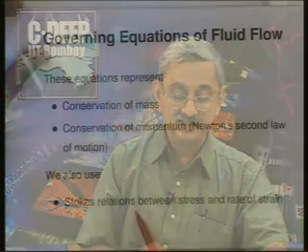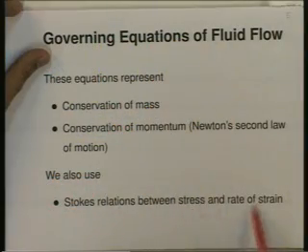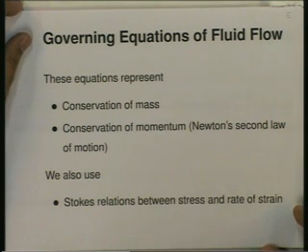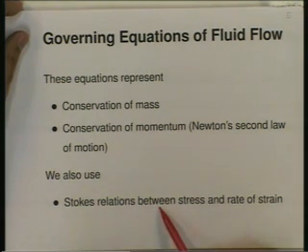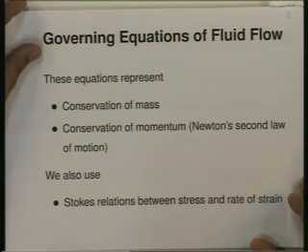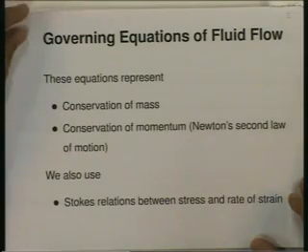We also need a subsidiary set of equations which are known as Stokes relations between stress and rate of strain in a fluid. And when we use Stokes relations, it automatically means that we are restricting ourselves to the domain of Newtonian fluids.